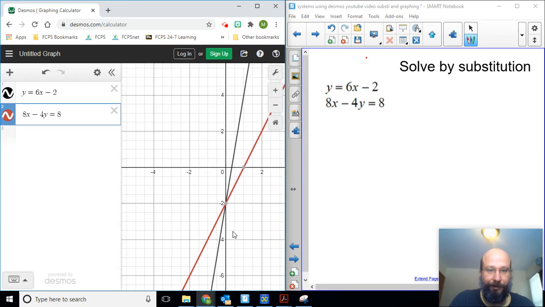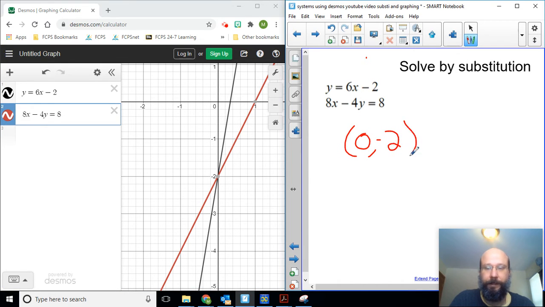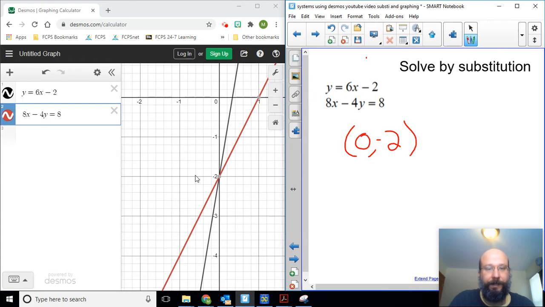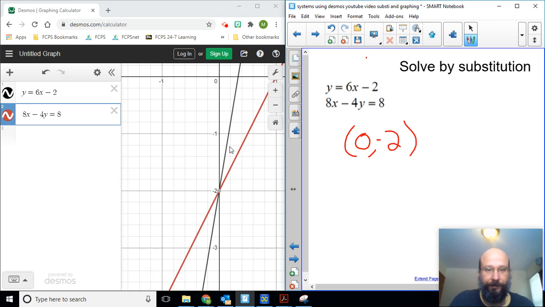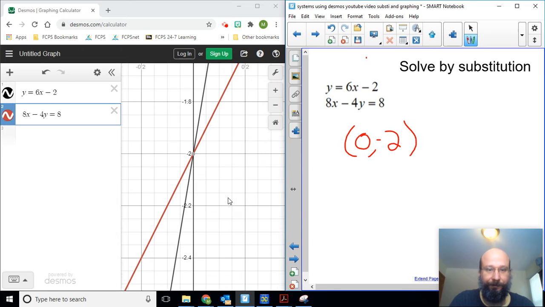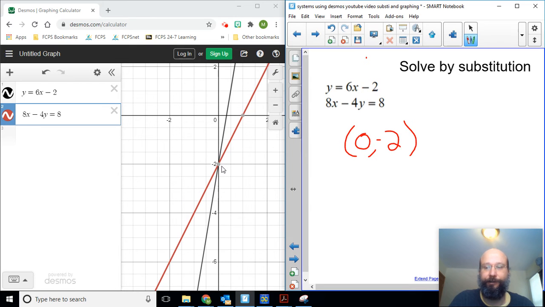It's looking like they're crossing right on here. Right, black line, red line. So 0, -2. That's also the y-intercept, but it's also where they cross. And you can see it. You can zoom in as far as you need to see it, the point where the two lines intersect.